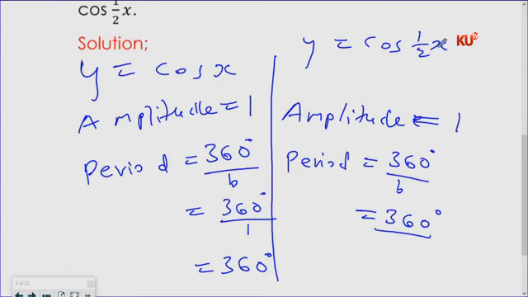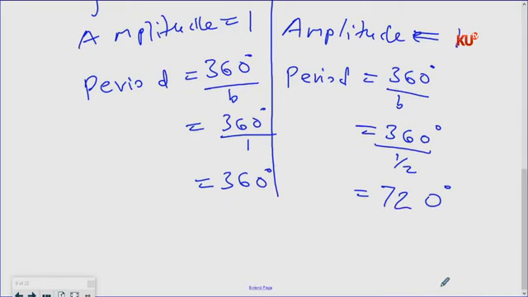Before this x there is a number appearing, which is 1 over 2. So I'm going to divide 360 degrees by a half, and if you work this out you will get 720 degrees. That is my period. So we don't have the graph for this example, but we are able to get the amplitude and also the period.